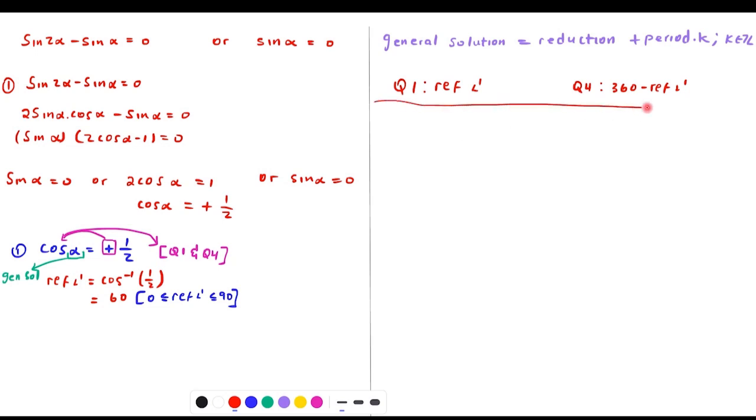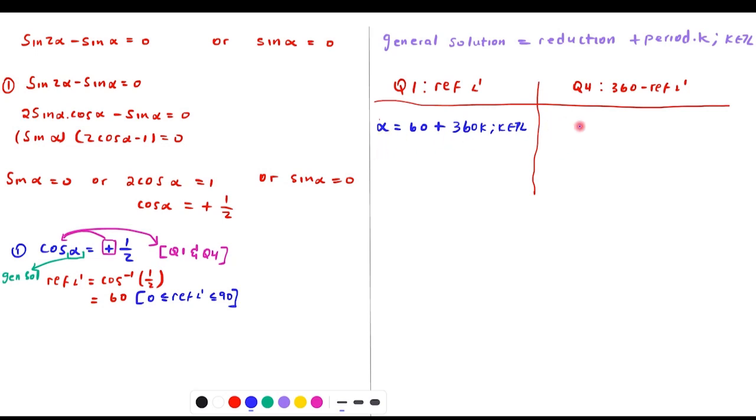So this would then mean that the general solution for the first quadrant will be alpha equals reference angle 60 plus, now the period for cos is 360, so 360k, where k is an element of integers. And then here we got our general solution.